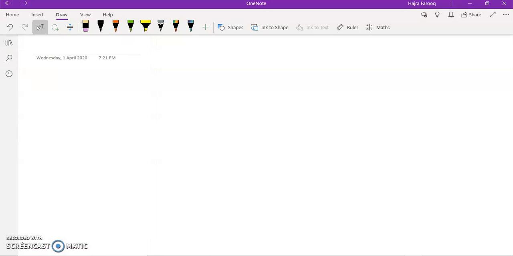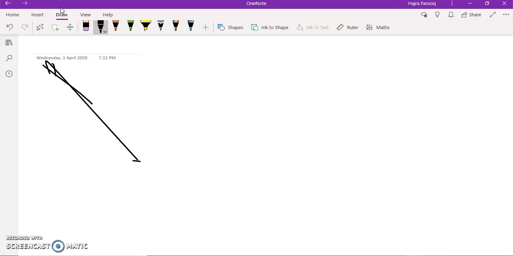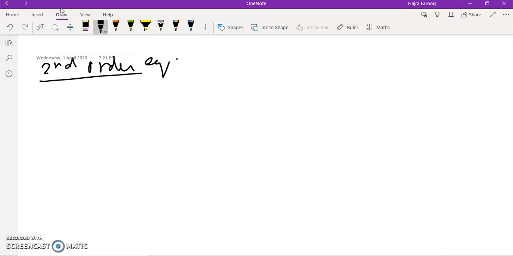Next we have to write the second order equation from the Routh array.